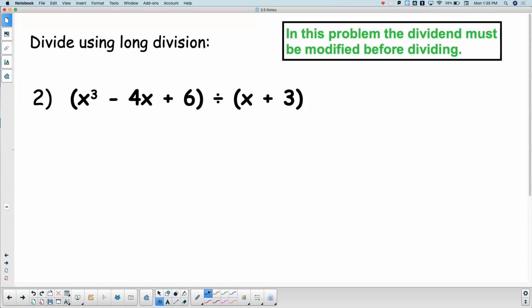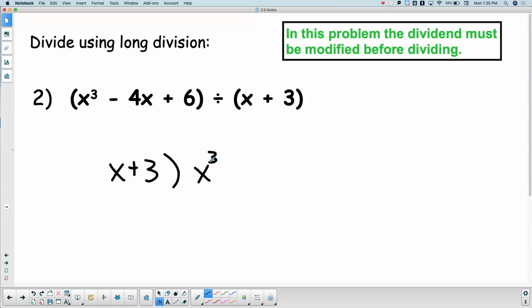Outside, what's going on the outside? X plus 3. What's going on the inside? As it's written? Yay or nay? I need to have an x squared term in there, don't I?